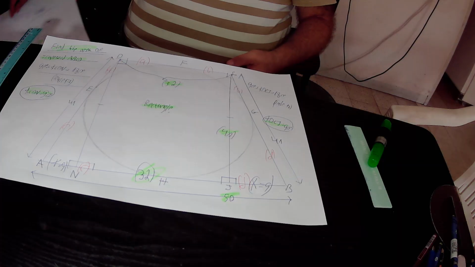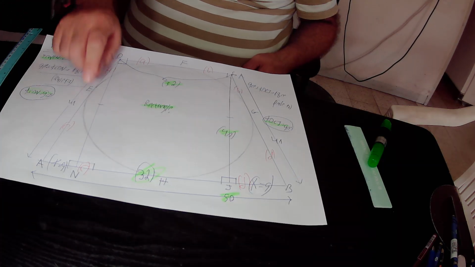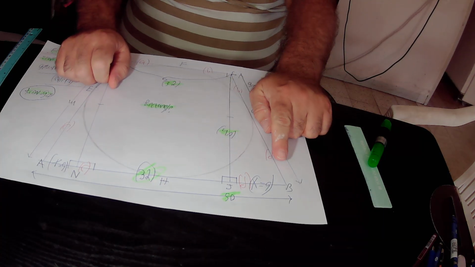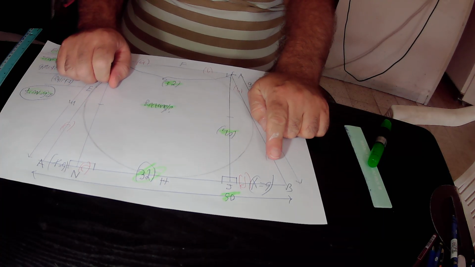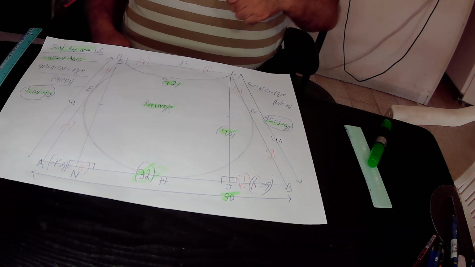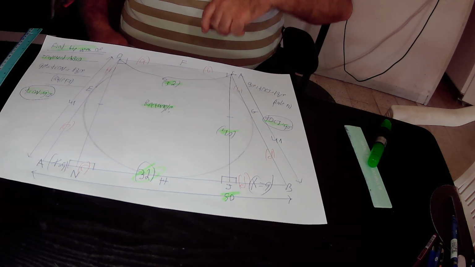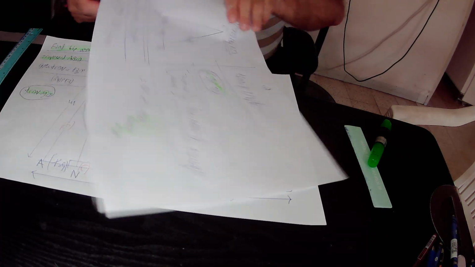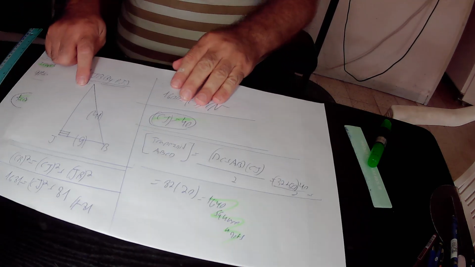So this is side AN, that equals x, and x equals 9. This is side JB, that equals x, and x equals 9. In the next step, I copied the right angle CJB onto a new page, and we implemented the Pythagorean theorem on this right angle CJB. This is the right angle CJB that comes from the original domain.